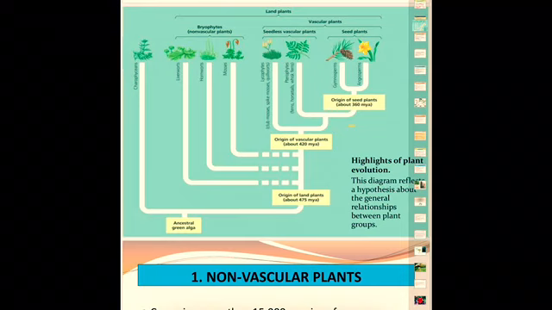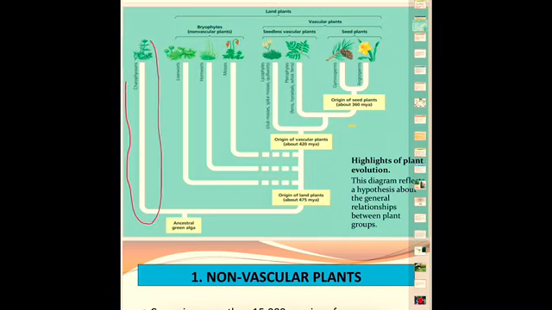Okay, so this is the evolution of plants. This diagram reflects a hypothesis about the general relationship between plant groups. The outermost group is the Charophyceans, the ancestral green algae.